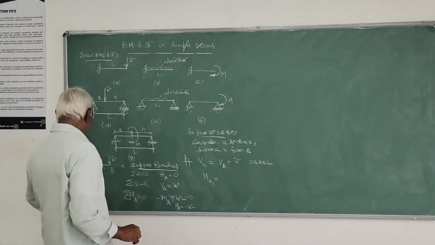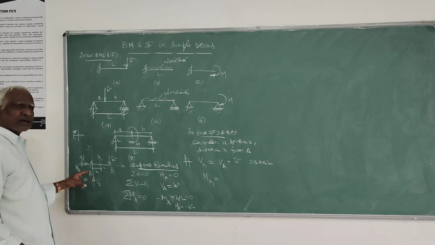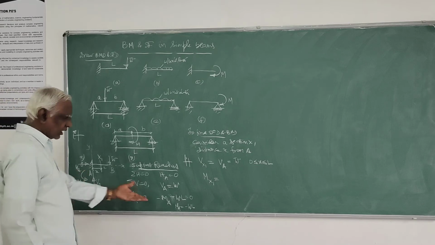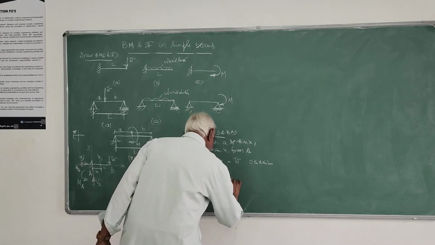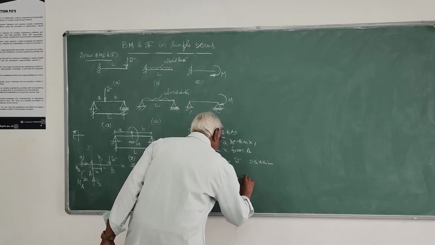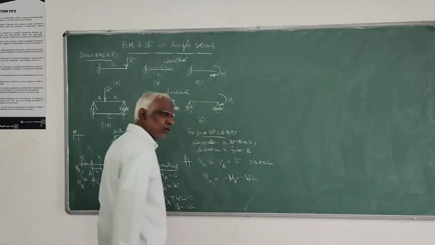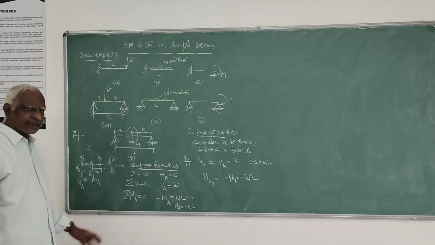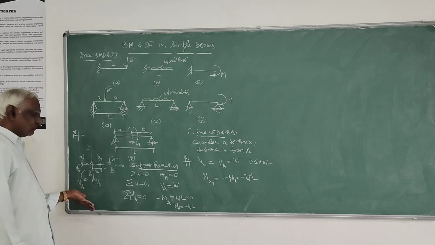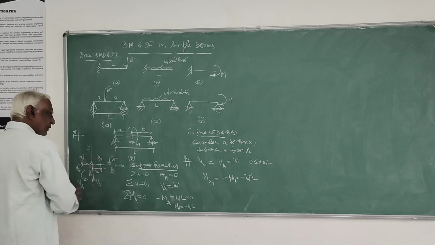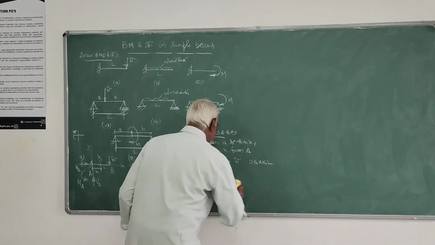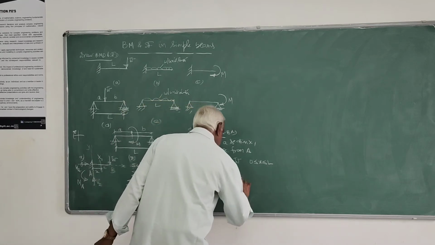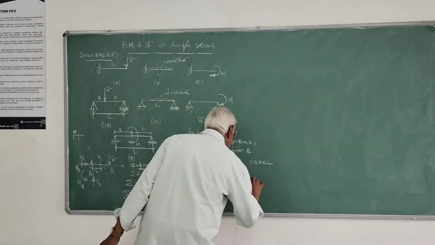Then Mx1 is equal to the algebraic sum of moments. The MA is anticlockwise, so minus MA, that is minus W L, then plus VA into x.